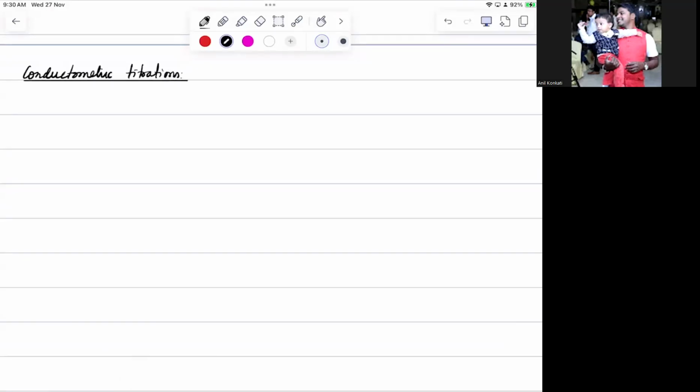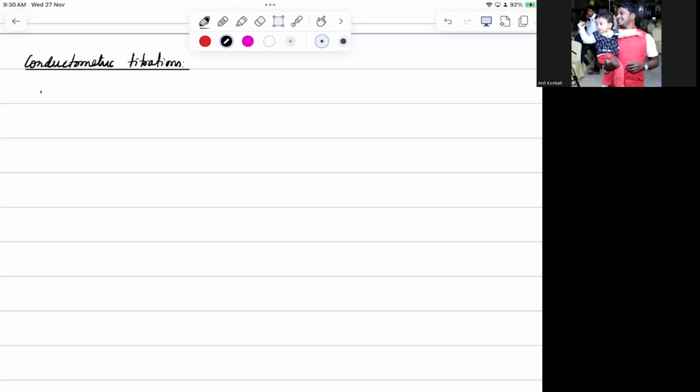When it comes to conductometric titrations, you need to understand what the cations are and how much their lambda m naught value is, in aqueous solutions. H plus has an exceptionally high value, which is 350, and Na plus is around 50, K plus is around 73.5, and calcium 2 plus will be around 119.